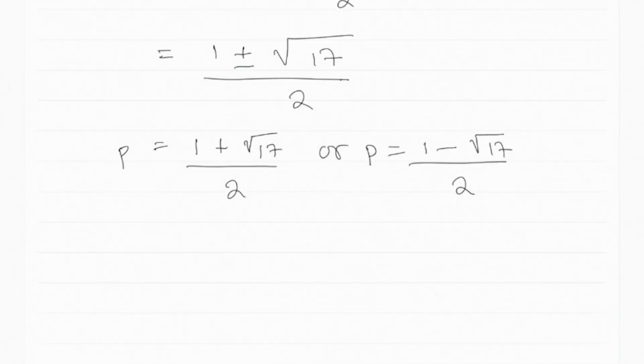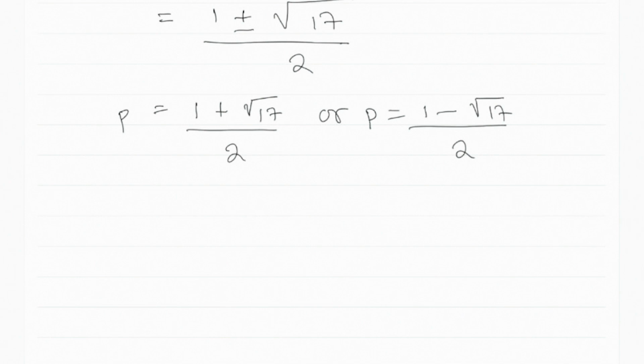Because it's a quadratic equation, we are going to have two values, because the highest power to which the variable in the given equation is raised is 2. And that power 2 tells us that we are going to find two solutions.